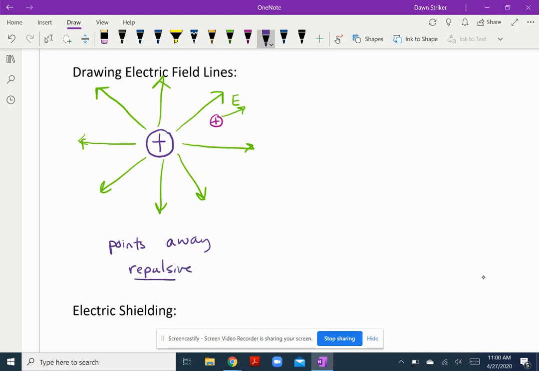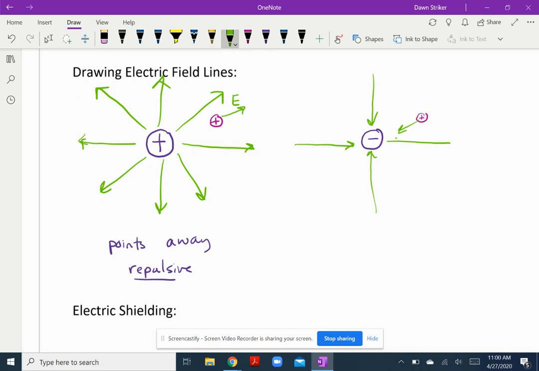All right, what about around a negative charge? Well, the electric field around a negative charge, what does that do to a little positive charge if I were to stick a positive test charge out here? Well, it draws it in. It's pulled this way. And so around a negative charge, the electric field points like this.